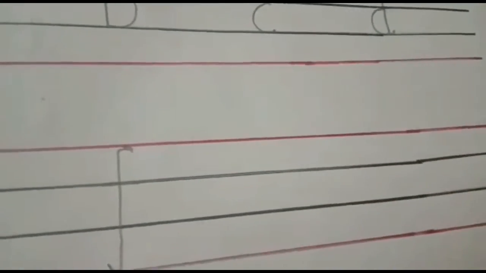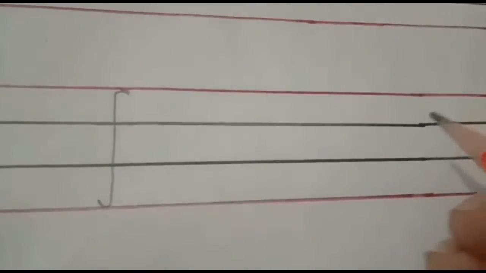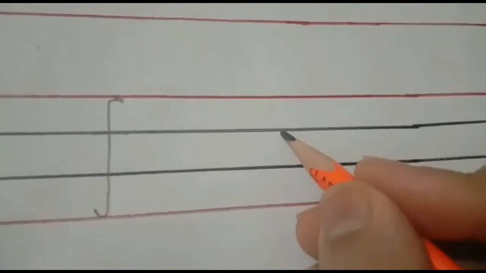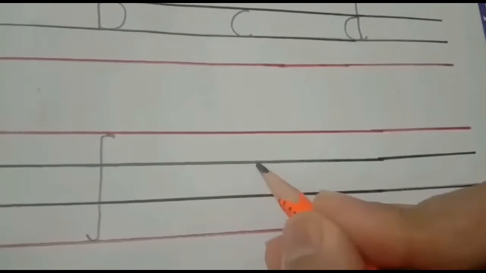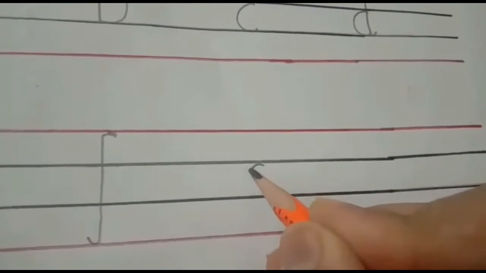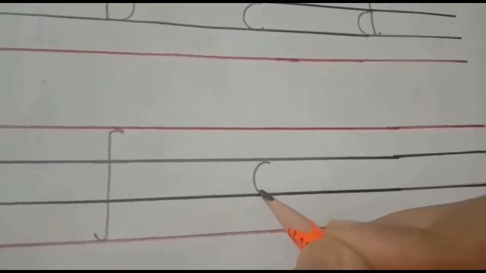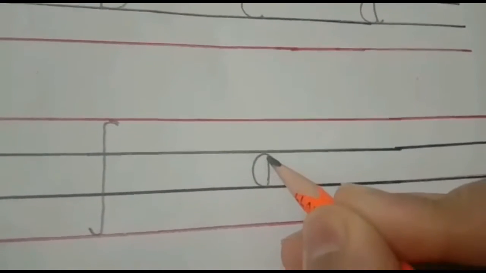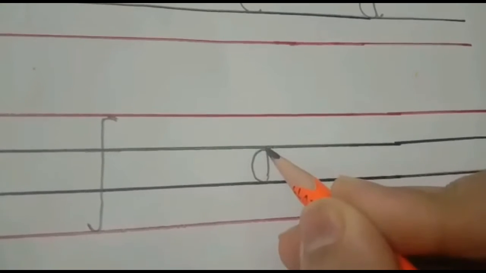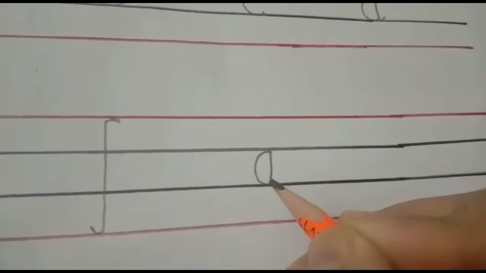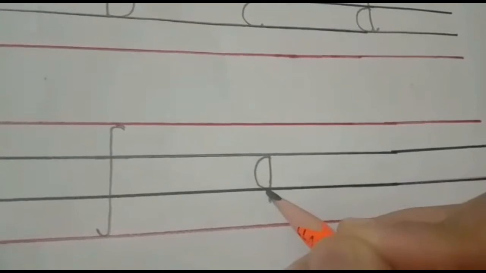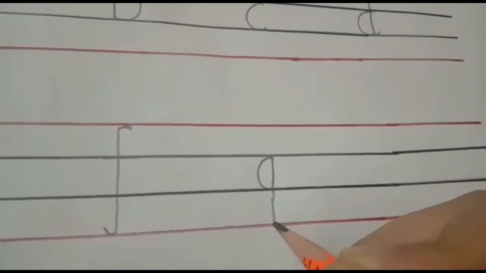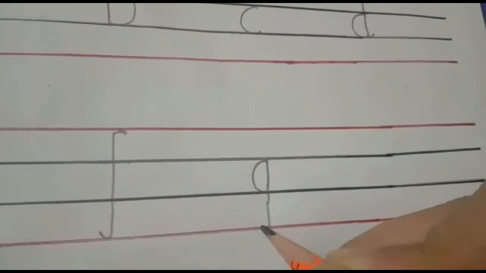Okay. Now, next, what comes after letter F? Letter G. For small g, I will start from the middle line. First, I will make an anti-clockwise half circle and touch the base line. Now go up, make a straight line, touch the middle line. Now come down like this and touch the lower line.